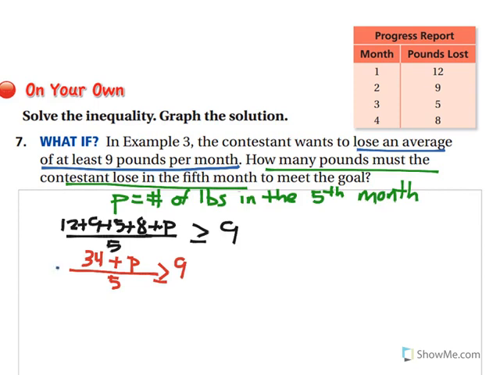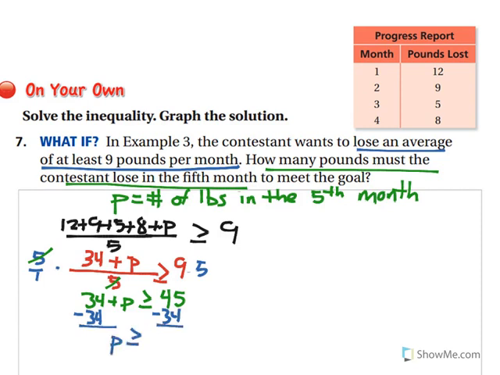And now I can multiply both sides by 5 to get rid of that 5. These 5's cancel out, giving me 34 plus p is greater than or equal to 45. And now I can subtract the 34 from each side, giving me p is greater than or equal to 11.